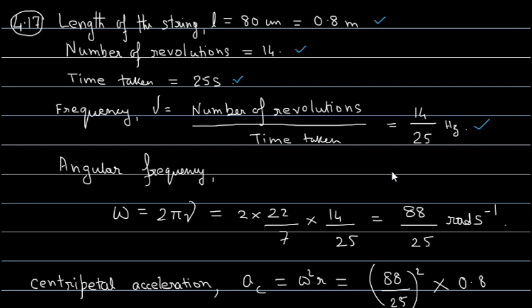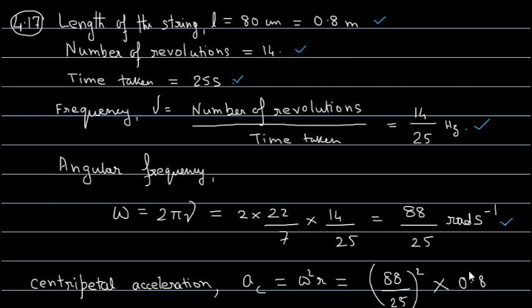Angular frequency omega is equal to 2 pi nu, which is 2 into 22 upon 7 into 14 upon 25, which is 88 upon 25 radian per second.